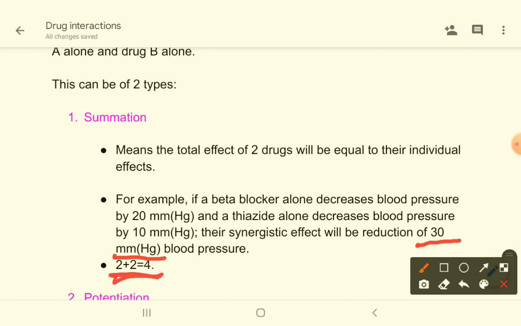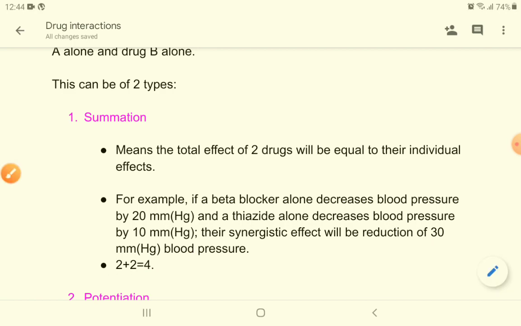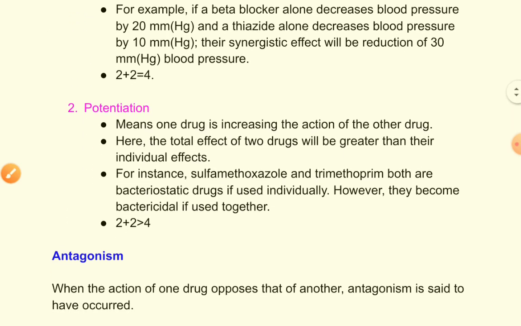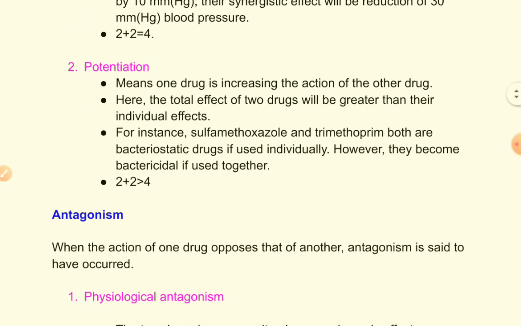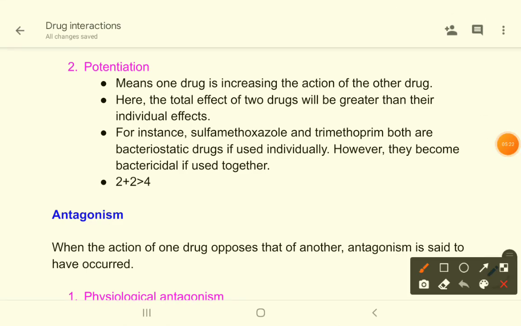If we say that drug A is producing effect 2 and drug B is producing 2, their summation will be 4. That is summation. Okay, I think you are very clear about it. Now come to potentiation. What is potentiation?